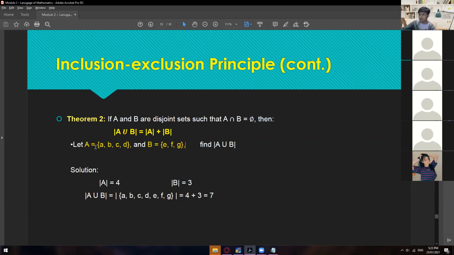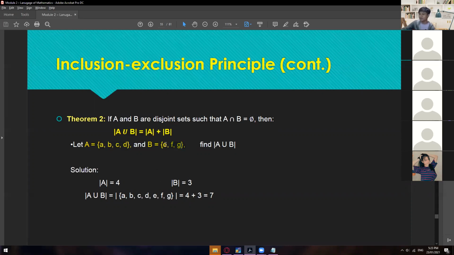So we have here an example. Let A be a, b, c, d, and B here is e, f, g. This one is super simple. They have individual elements, so just simply add those two, and that's the total count of elements.